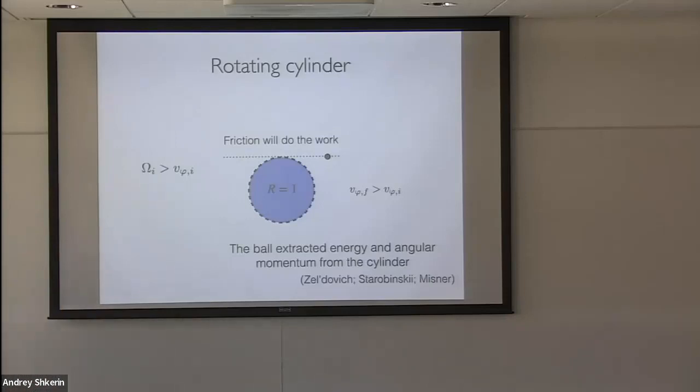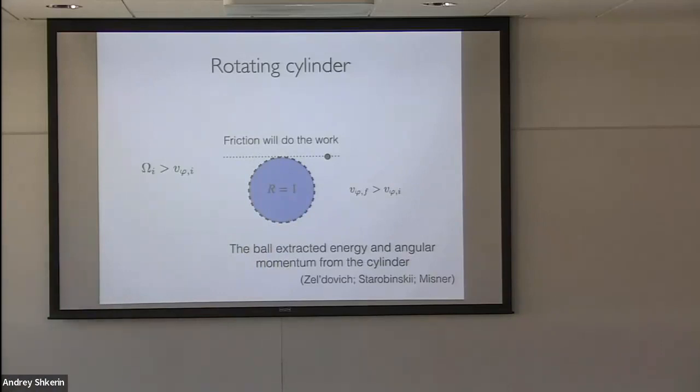So here there's an important concept, which is the superradiance condition. Basically, if the rotation frequency of this rotating object is faster than the angular velocity of the little sphere, then the little sphere will extract energy from the system.